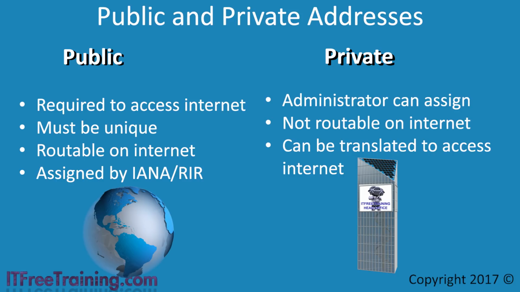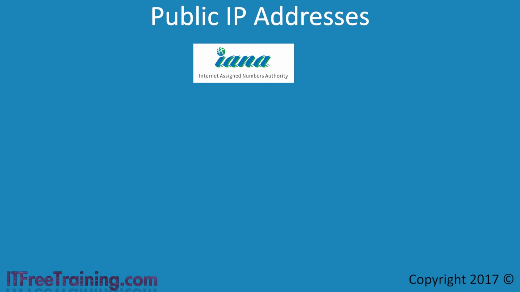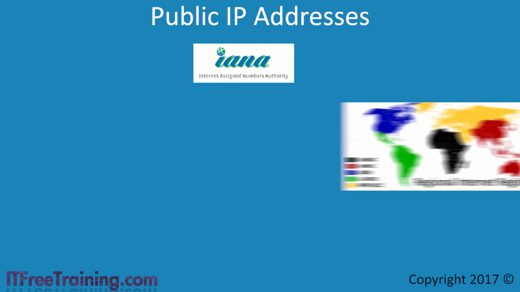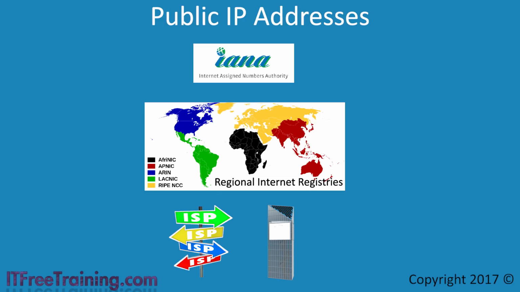I will now have a closer look at how public IP addresses are allocated. As stated, IANA is responsible for allocating public IP addresses. It does this with blocks. These blocks of IP addresses are allocated to Regional Internet Registries. The Regional Internet Registry is then free to allocate IP addresses to ISPs and organizations according to their internal policies.